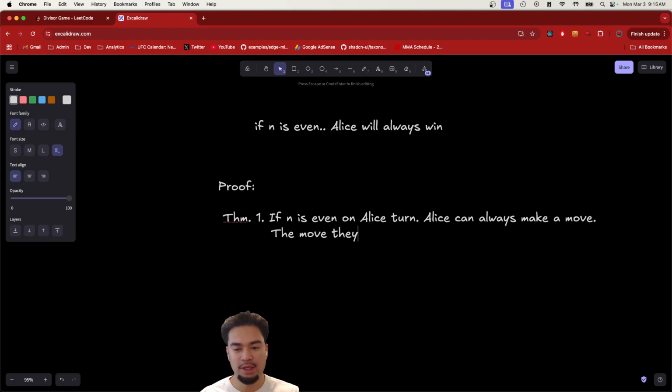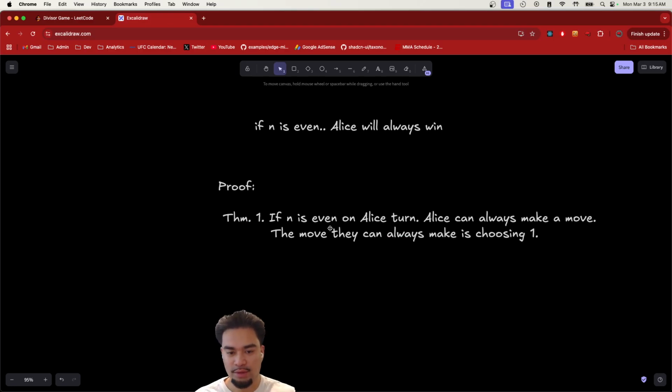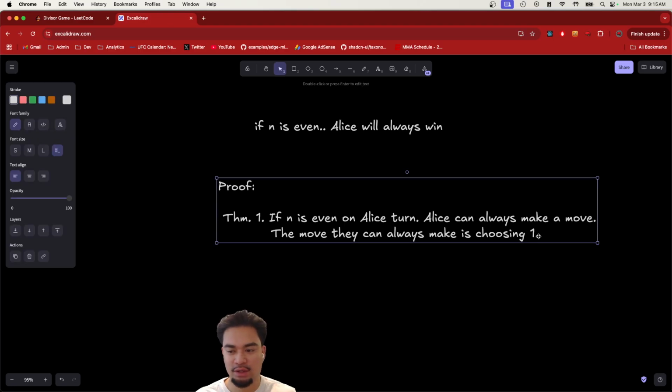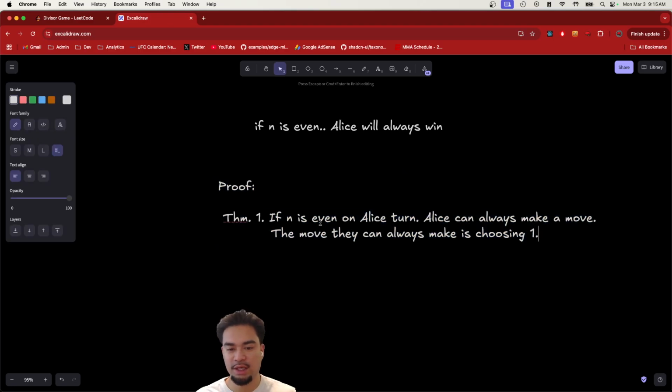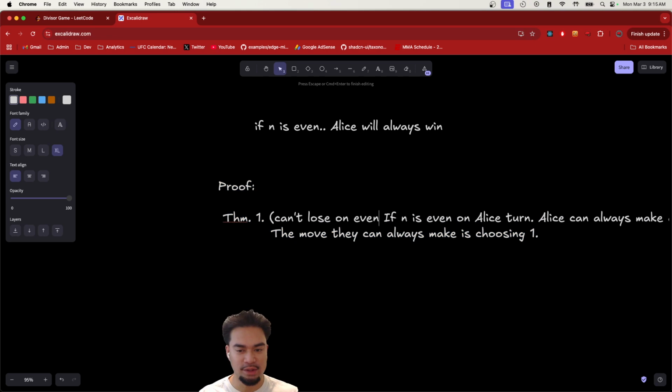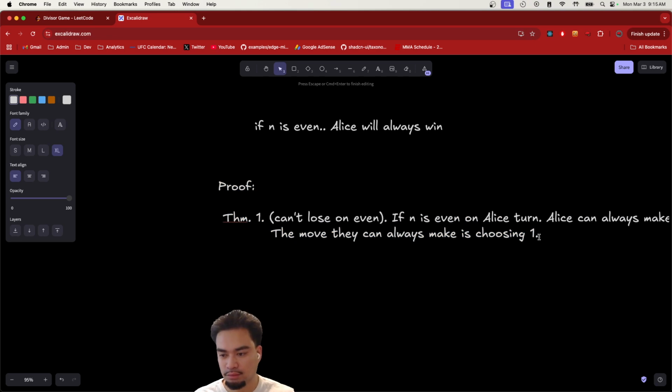The move they can always make is choosing 1, right? So Alice could always make a move because they could always choose 1. If n is even and they could always make a move, that means Alice can never lose when on even. So let's just say theorem 1 is can't lose on even. That's what we're going to call it.